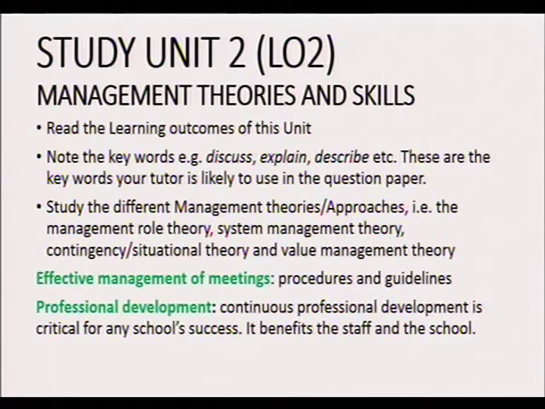Under the same unit, it also deals with the effective management of meetings. So you need to know the procedures and guidelines when you're conducting meetings. There are various guidelines that are given in your study guide. For example, if you are conducting a meeting and you need to make sure that everyone's opinion in that meeting is taken into consideration, what are the procedures?